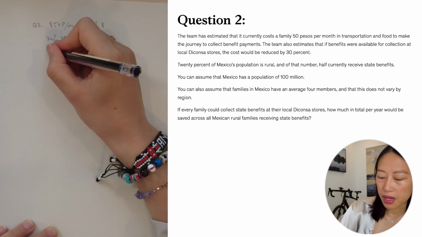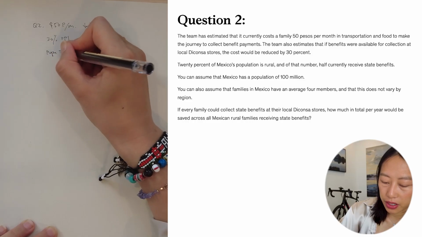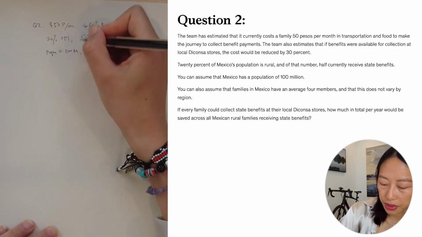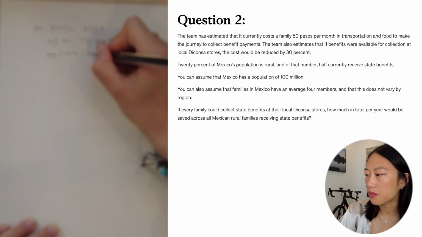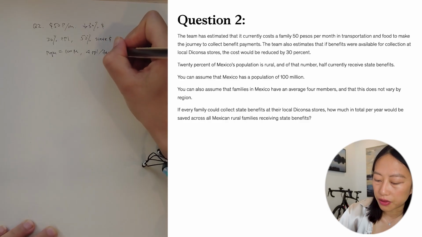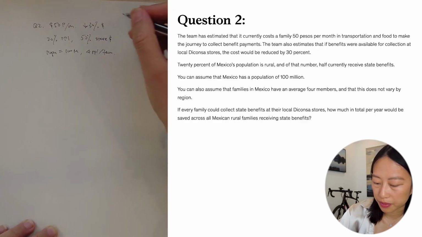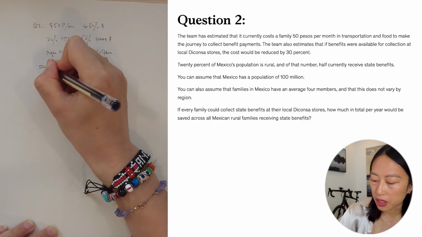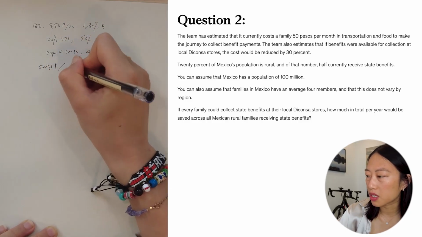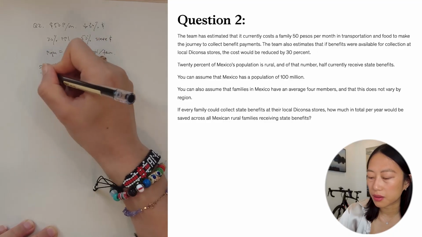You can assume that Mexico has a population of 100 million, and that families in Mexico have an average of 4 members per family. If every family could collect state benefits at their local DeCosa stores, how much in total per year could be saved across all Mexican rural families receiving state benefit?